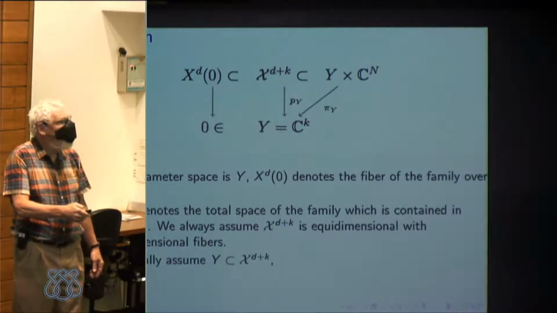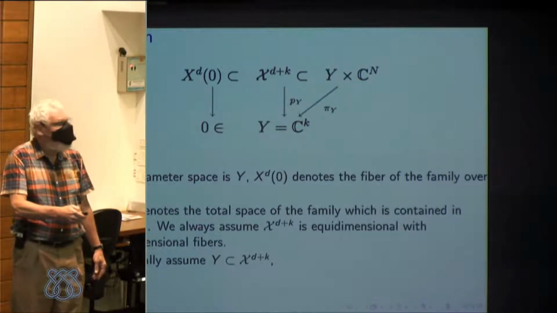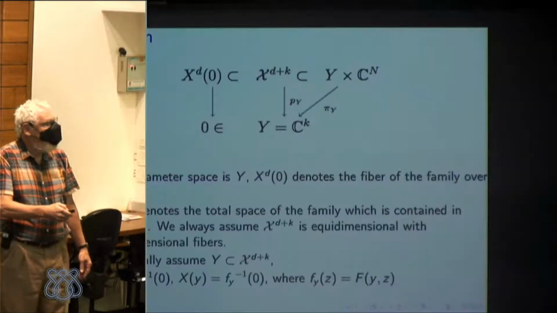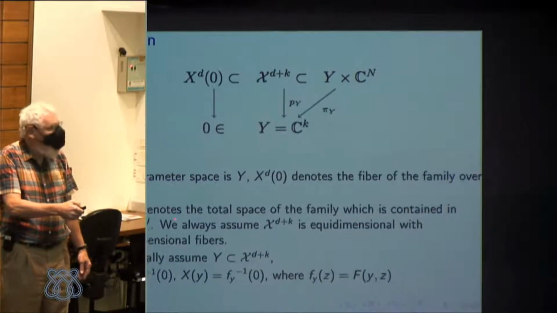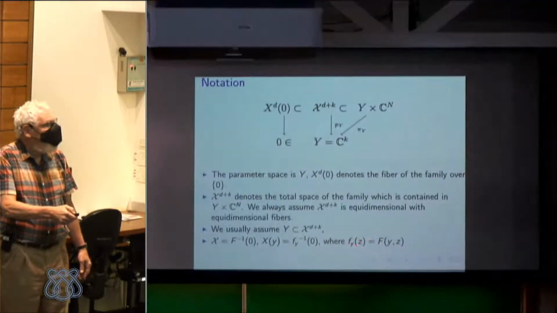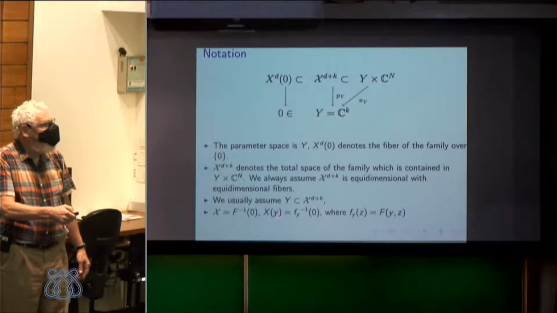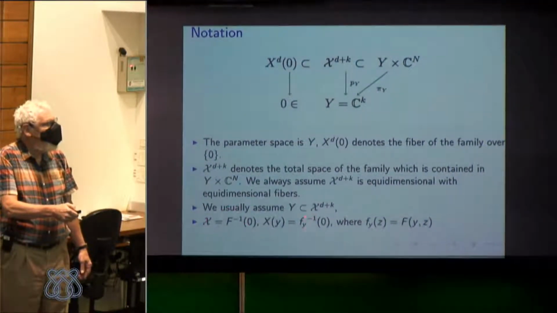We usually assume that the parameter space sits inside the total space of the family. And we have some notation for the defining equations. Capital F will be the one that defines the family, and if we take capital F and specialize fixing Y, we get the fibers. We assume that this defines this, and we assume that this defines this.